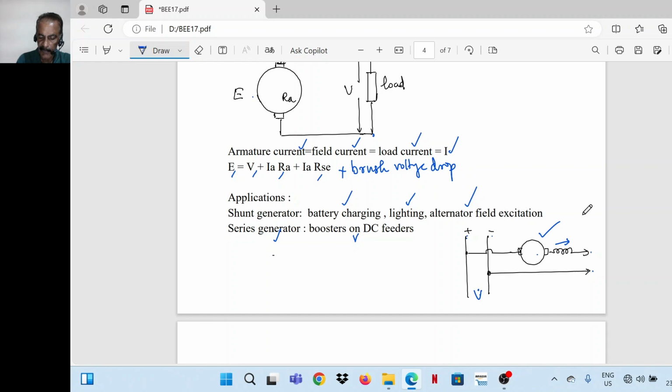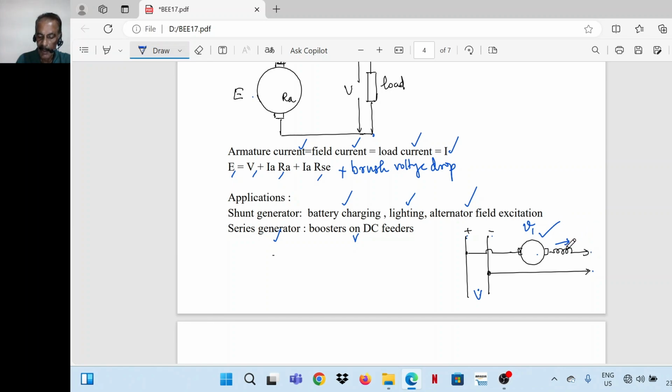If the system voltage is V and the voltage generated by the series generator is V1, then this will be added. So the voltage drop happening during the peak hour period can be compensated by the additional voltage generated by this series generator.